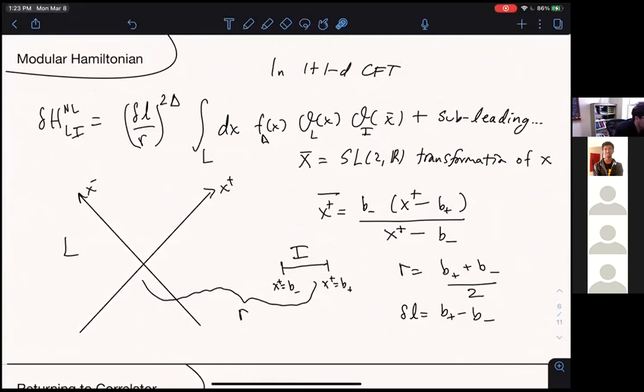Briefly, we should say that in this limit, there's an SL2R transformation which maps the interval I to L and L to I. There's a bijection between the 2 intervals, which is given by this. I've written it in terms of X plus coordinates; there's a corresponding X minus coordinate transformation.